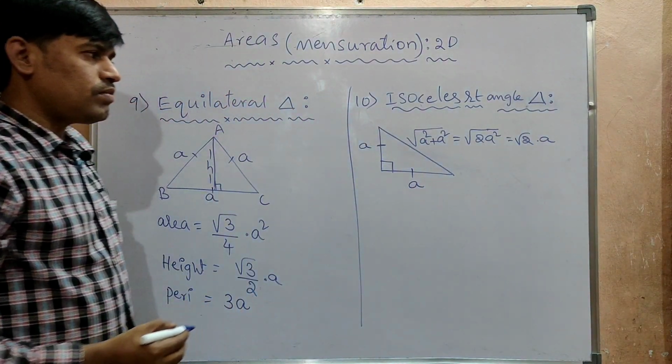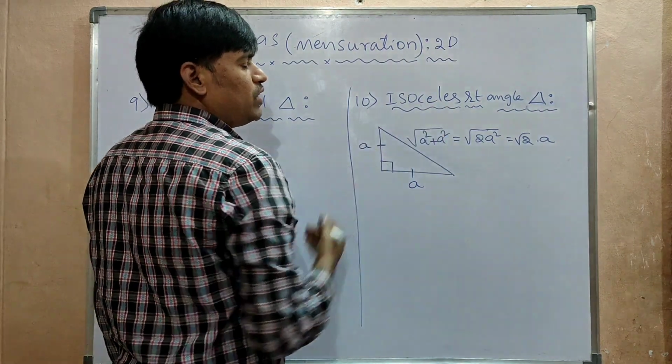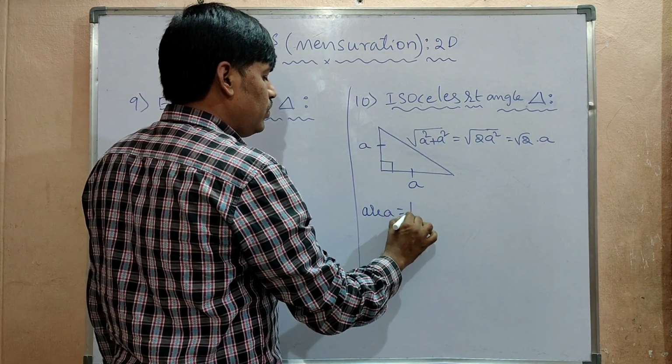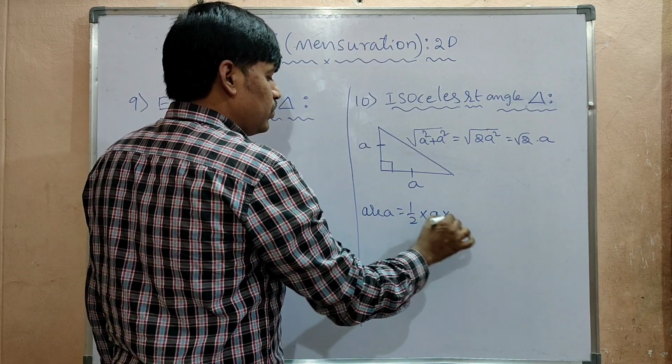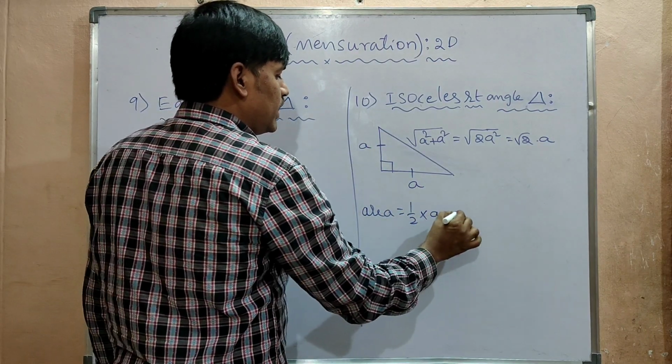Now the area of the isosceles right angle triangle is half into base a into height a. Here it is the base, here it is the height, that is a only.